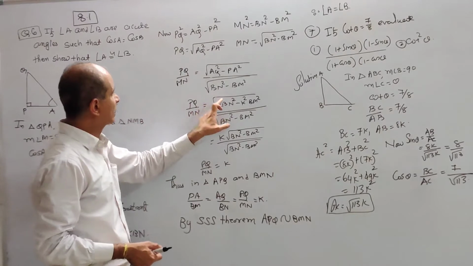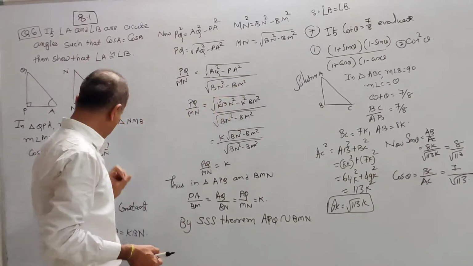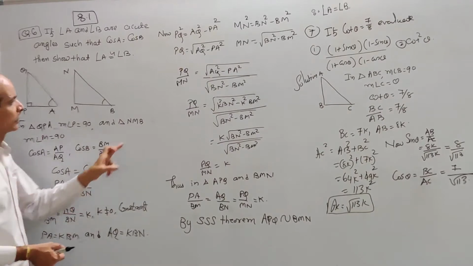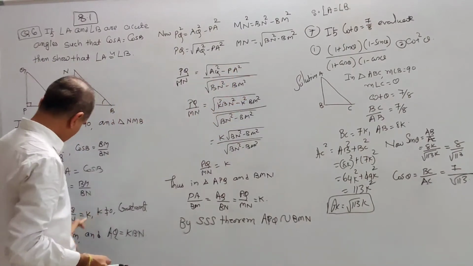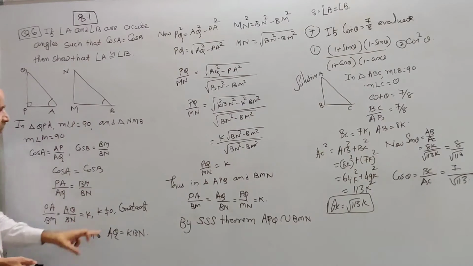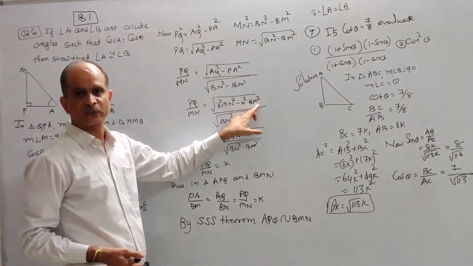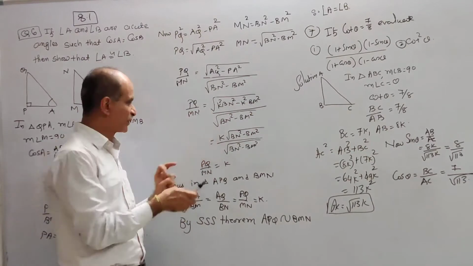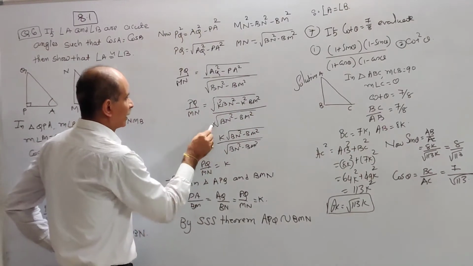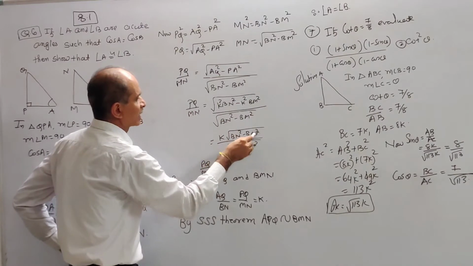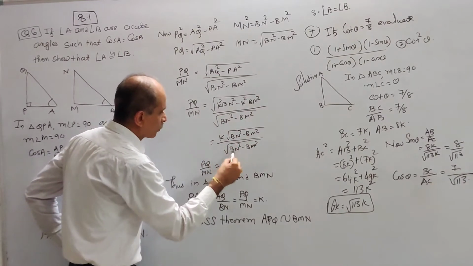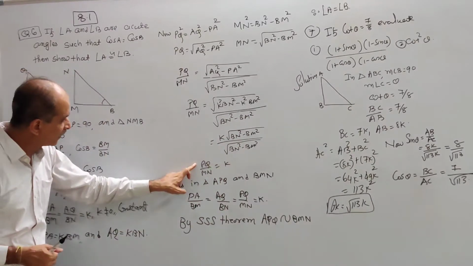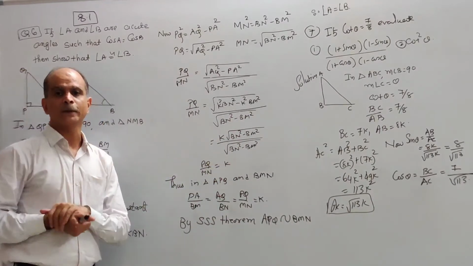So K square BN square minus BM square, and PA square is equal to K square BM square. So if you take K square common, and the square root of K square is equal to K, so K into under root BN square minus BM square upon under root BN square minus BM square. You can cancel these two. So again you get PQ upon MN is equal to K.